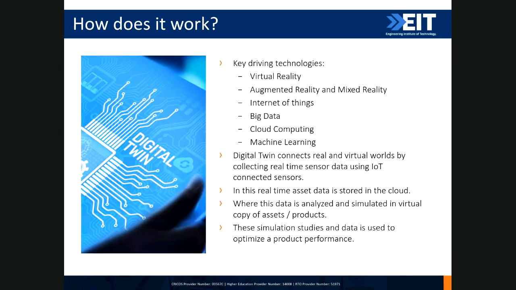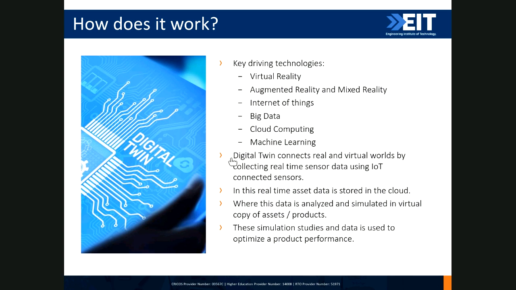And how does it work? We have already briefly talked about various technologies enabling digital twins, but here is a list of some of them. So virtual reality, augmented reality, IoT, big data, cloud computing, machine learning, these are all enabling technologies which are assisting the development of DT.